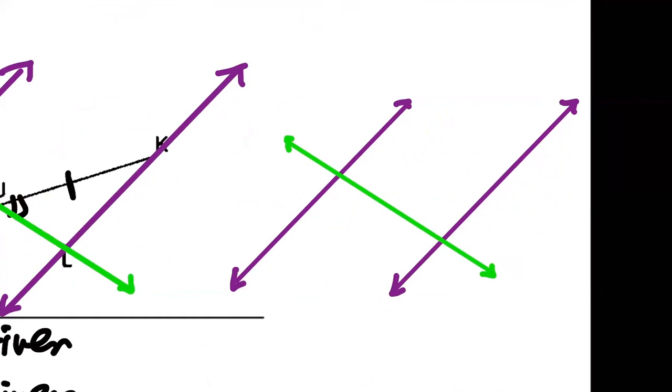But it's actually even simpler than that. We learned as a sight recognition, if the angles look like they're the same size, they are. Okay, but ultimately, all of these angles are going to be congruent. And all of these angles are going to be congruent. It's just a matter of justification.